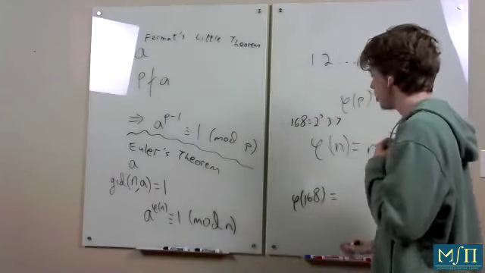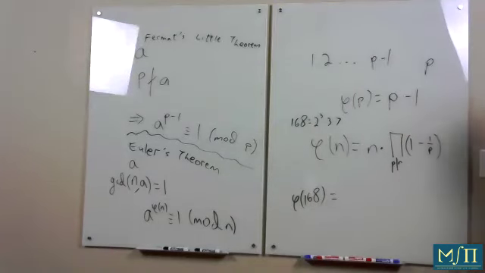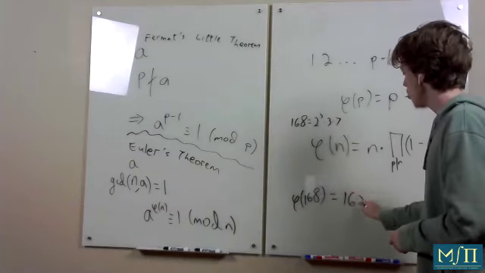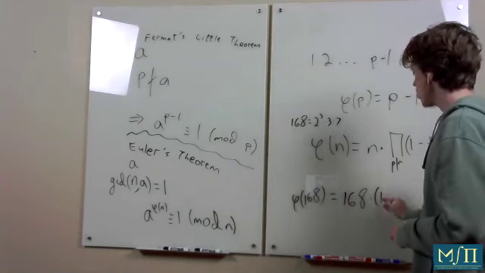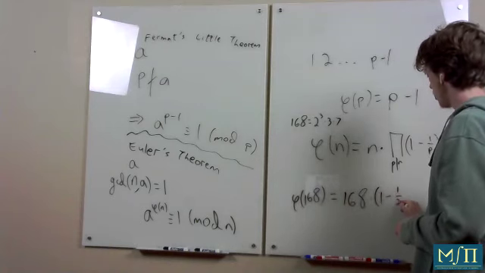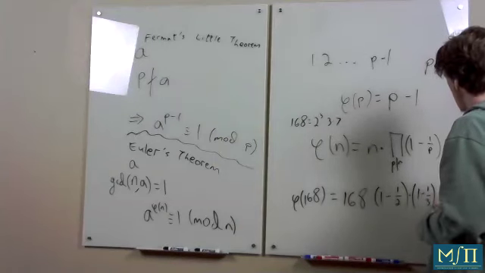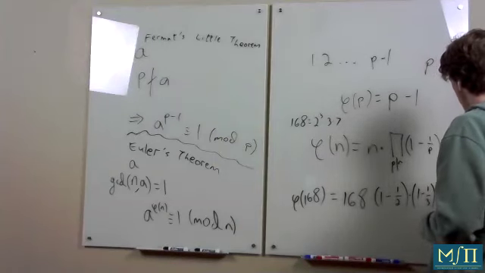So phi of 168, which is the number of positive integers that are at most 168 and are relatively prime to it, we don't count primes multiple times, we just count each prime once, so it's just 168 times 1 minus 1 over 2 times 1 minus 1 over 3 times 1 minus 1 over 7.